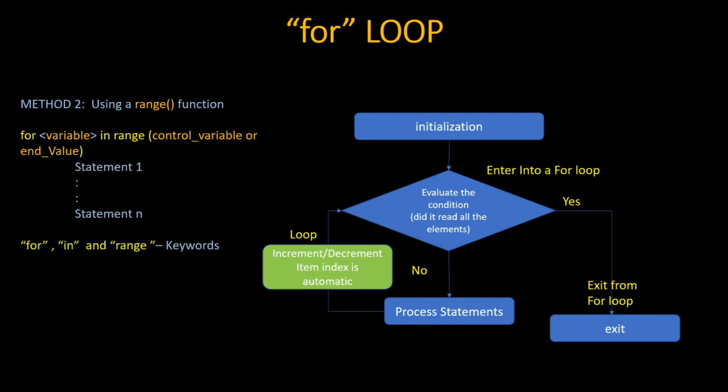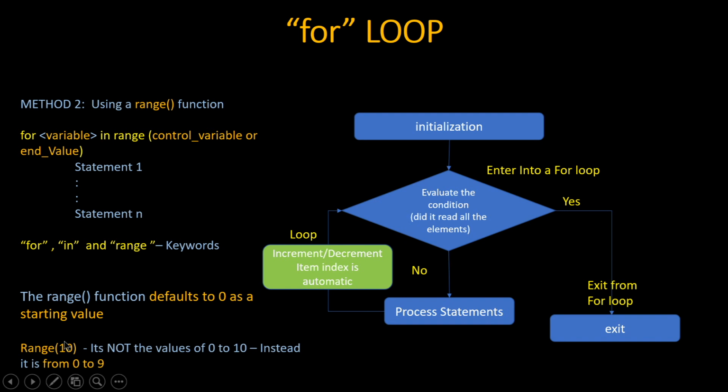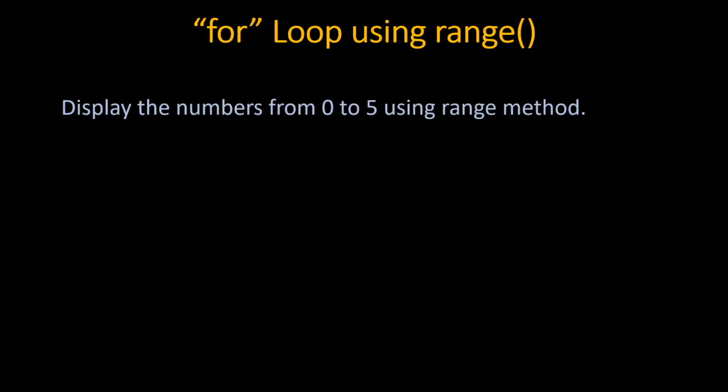In this case, for, in and range are the keywords. The range function defaults to 0 as a starting value. That means, let's say we have range 10, it's not the values 0 to 10, it's the values 0 to 9. Let's consider a small example which says display the numbers from 0 to 5 using the range method.